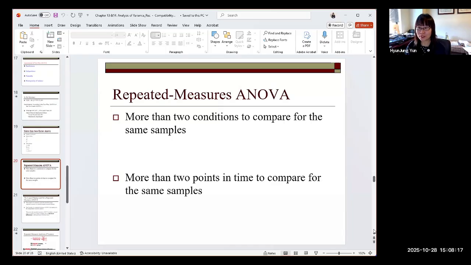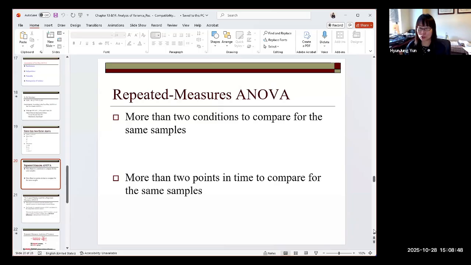The difference between the repeated measures t-test and the repeated measures ANOVA test is whether it is between two different times, like a data set before the election and after the election. That's the repeated measures t-test. But if you have times 1 to 3, conditions 1 to 3, more than two conditions to compare for the same group, then it is a repeated measures ANOVA.